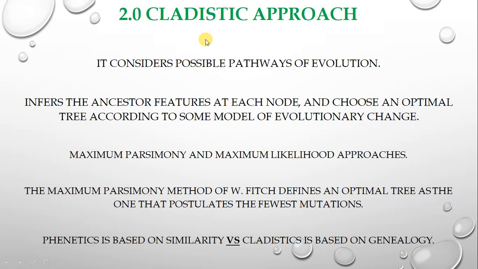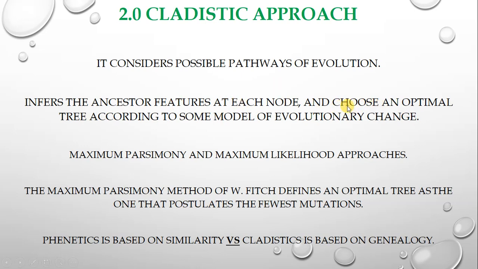So the second approach is the cladistic approach, and it considers possible pathways of evolution. They do not consider only the distances, they also consider the evolutionary pathway. How? I will teach you. It infers the ancestral features, it cares for the ancestral features, but in the previous one we did not talk about any ancestral feature, we just talked about distances.